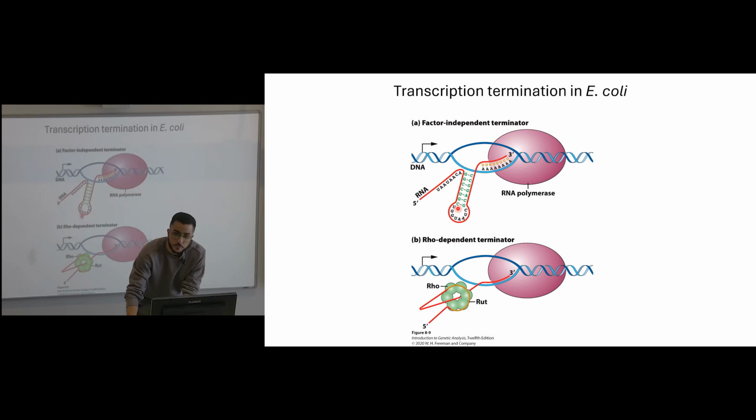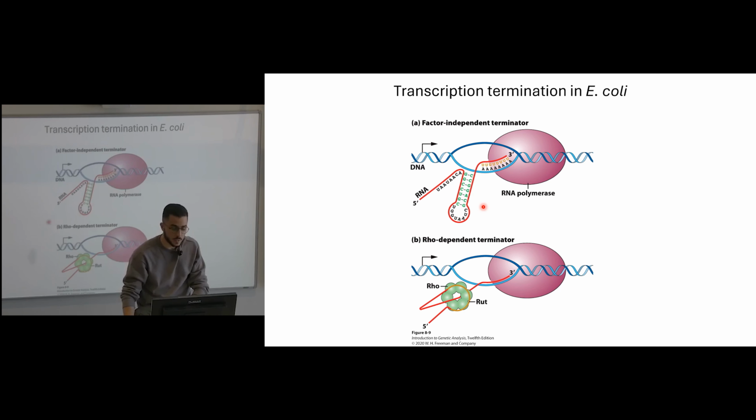The hairpin? There are 2 mechanisms, one that does not require rho and one that requires rho. This one here, just the structure of it will kind of mess up the position of the RNA, but also this will be digested.